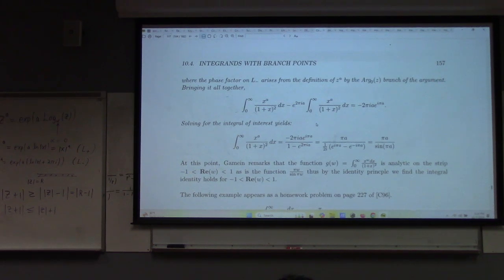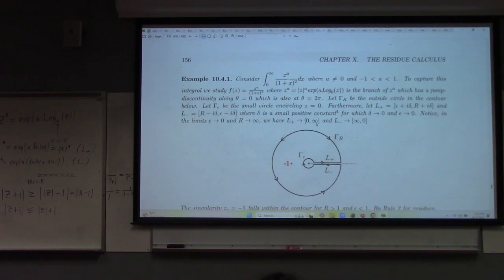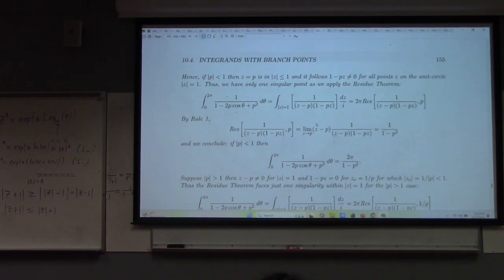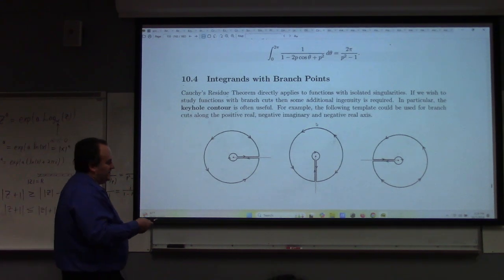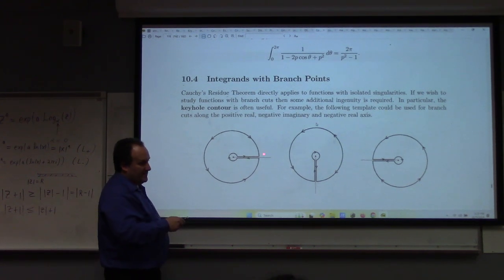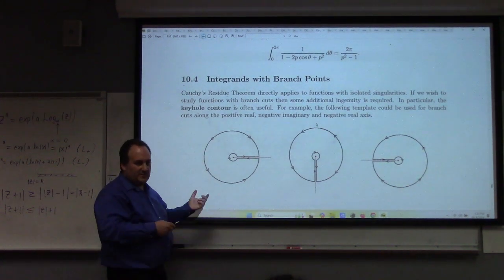So this is called an integral with a branch point. Here's another one of those. Maybe we'll look at that next time. These are like strategies. We just looked at an example which put the branch cut there, right? These are sometimes called keyhole contours because it's like a keyhole.